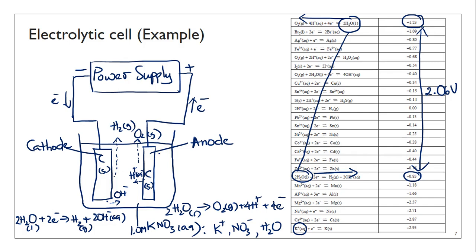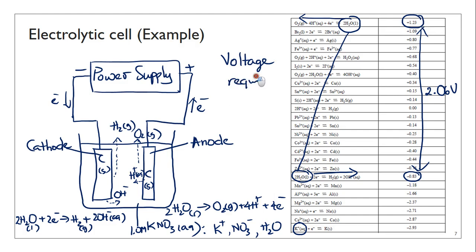Some of the electrical energy from the power supply is going to be lost as heat or sound or whatnot. So you're going to need something more than 2.06. So let's say 3 volt or something like that. You can do 2.07, but maybe don't do 2.07.